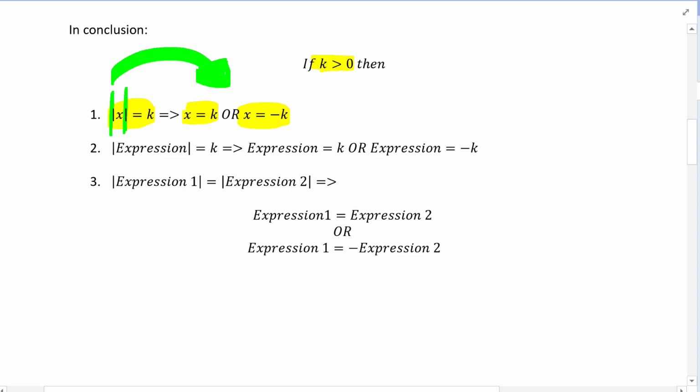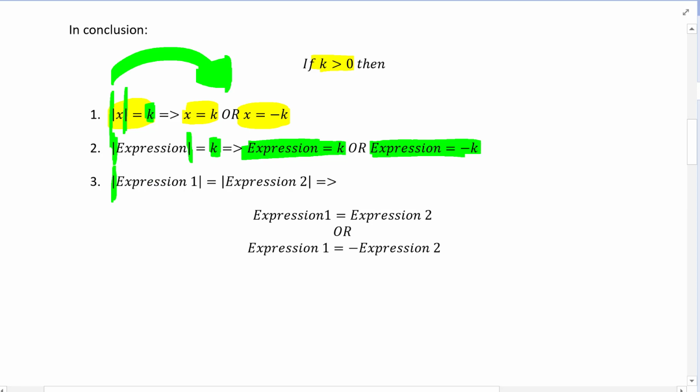We don't have it anymore. So once we drop the absolute value sign, then our k could be positive or negative. Another type of equation could be absolute value of an expression equals k. So how do we break that down into expression equals k or expression equals negative k? So no more absolute value symbols.